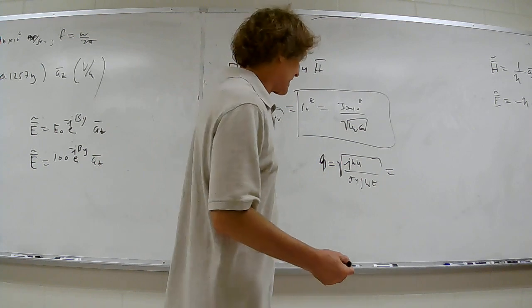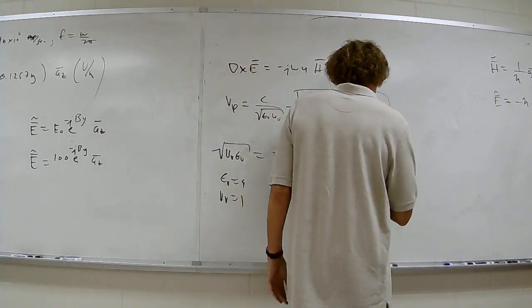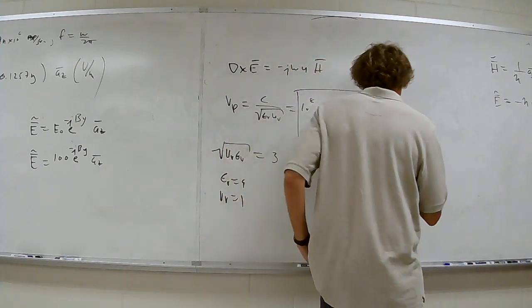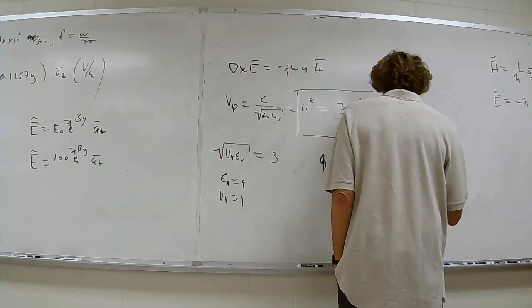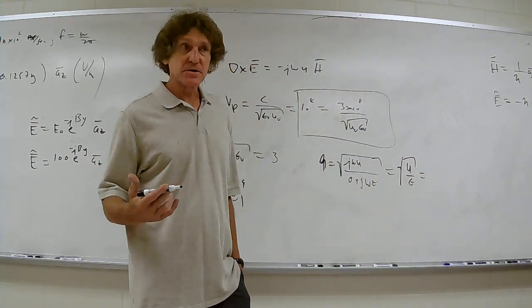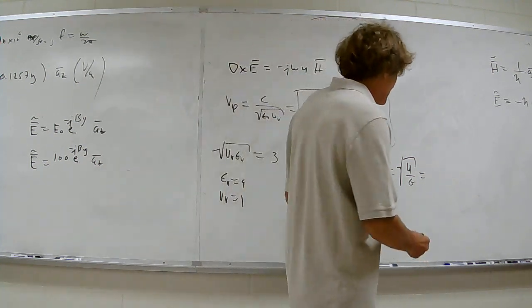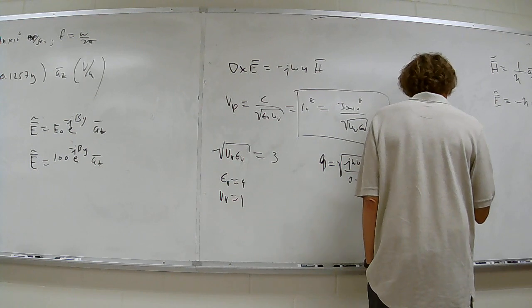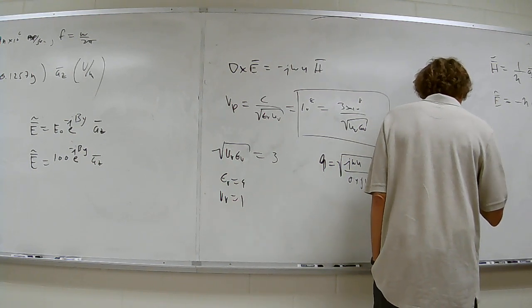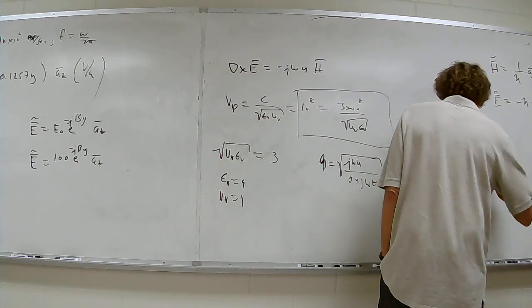Follow me? There's not. So now we get rid of sigma, and you can see the j's cancel, the omegas cancel, and you get the square root of mu over epsilon. And you can break that out and say it's the square root of mu naught over epsilon naught. You can see where I'm going. Times the square root of mu relative over epsilon relative.